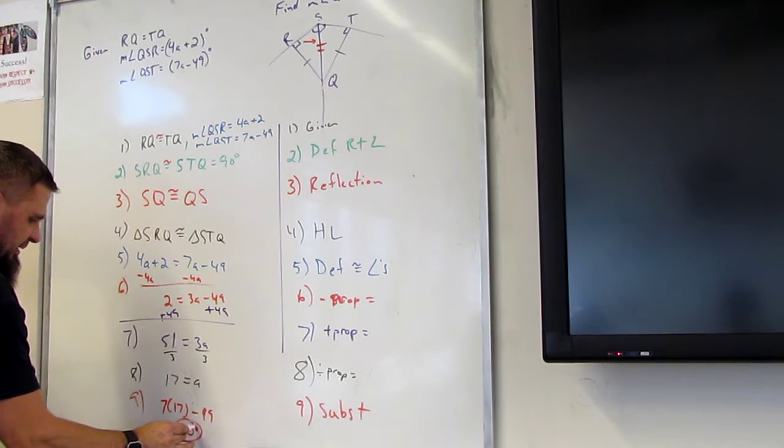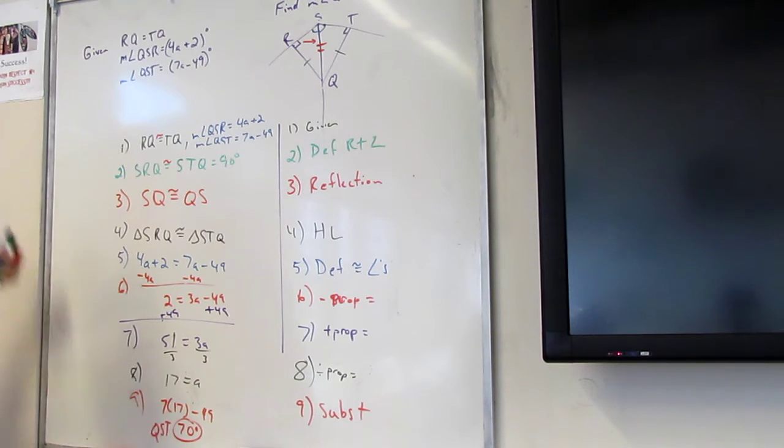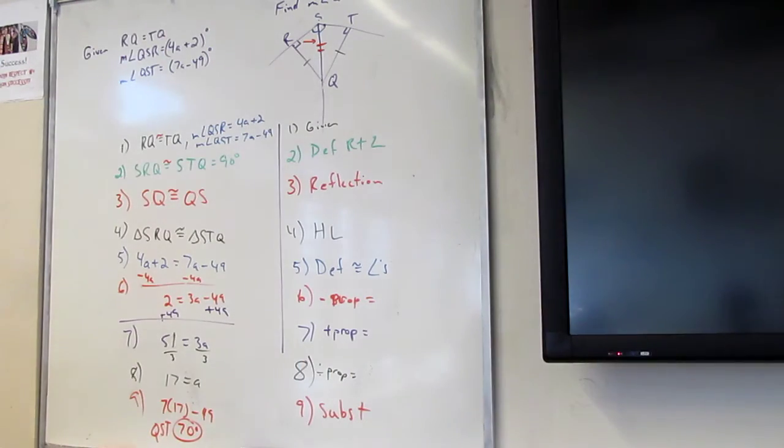Okay, so it's a 70-degree angle, the QST, due to substitution. Does that make sense? Did I record that? Good.